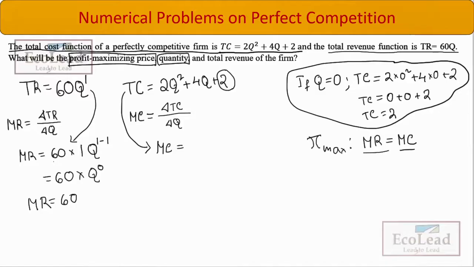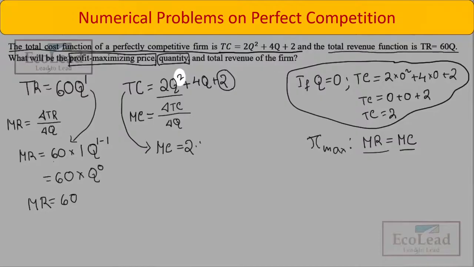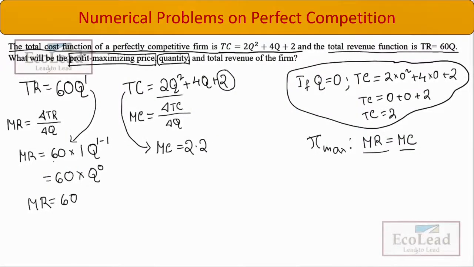So first term, let us look at the first term. First term is 2Q square. So first we will write the constant, then power of the Q. Power of the Q is 2, then adjustment in the power of Q. So how we will do the adjustment? That the power of Q we will write first, then we will deduct 1 from it.